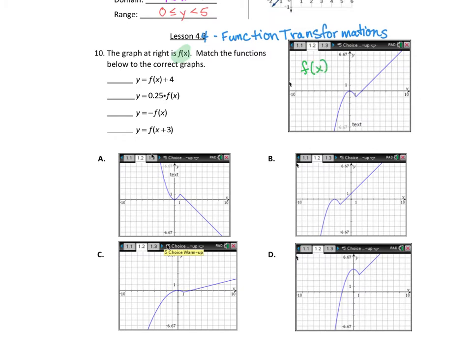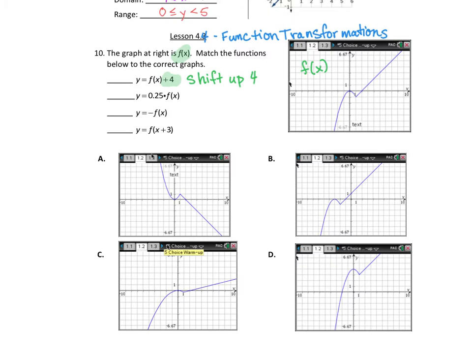So this is what our original graph looks like. Then you're going to take what it tells you to do. So here it says to add 4. And you just need to know what your transformations mean. So this one would mean to shift up by 4.